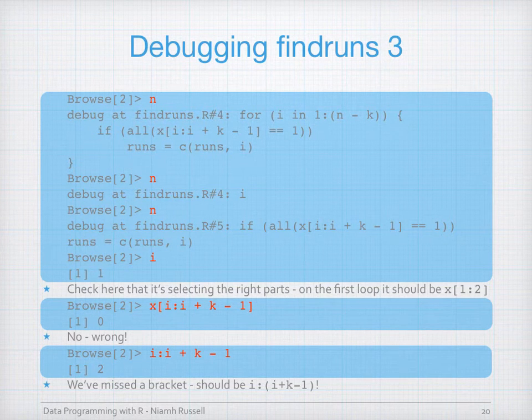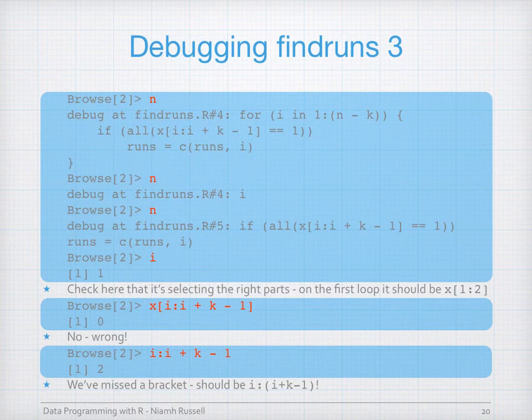So here it's showing you that it's got as far as the for loop, and then here it's gone into the for loop, and you can see that it's working on i, and then down here it's just about to do the if statement. So before we go into the if statement, let's just check what i is. We just type i at the console and it tells us that it's 1.